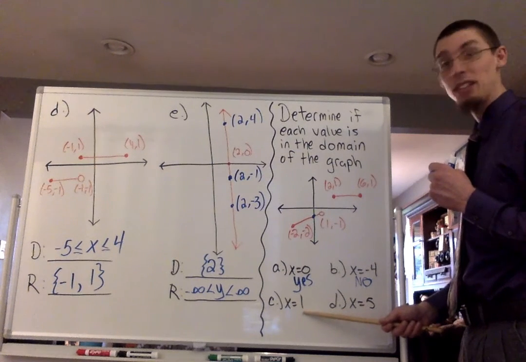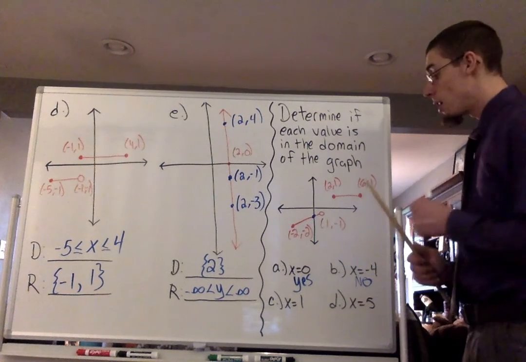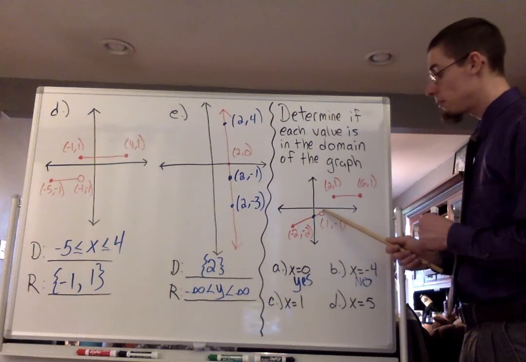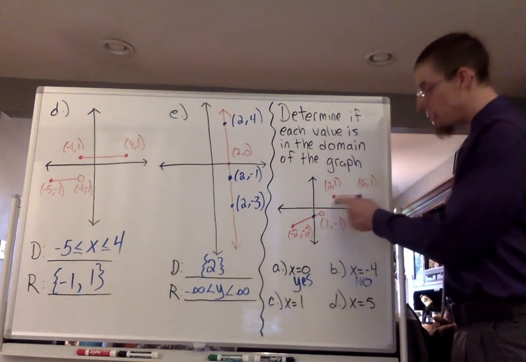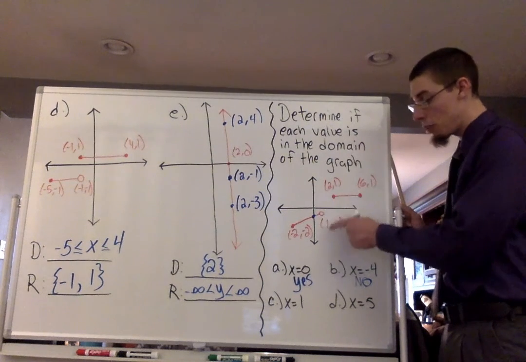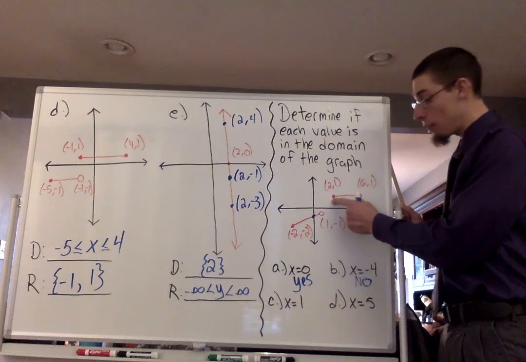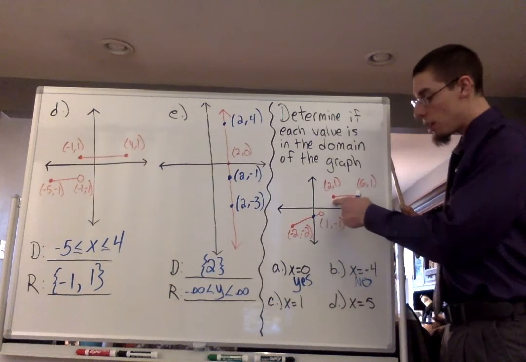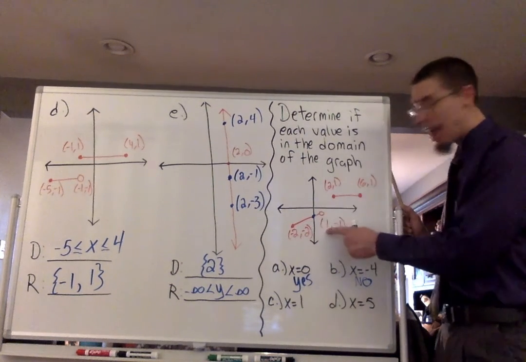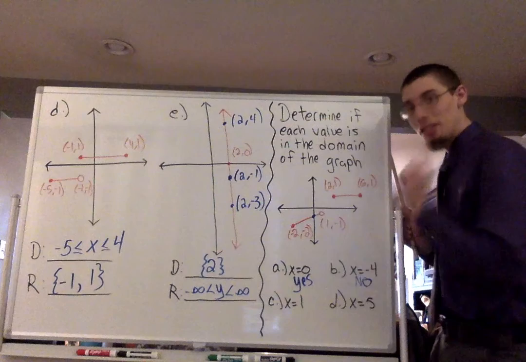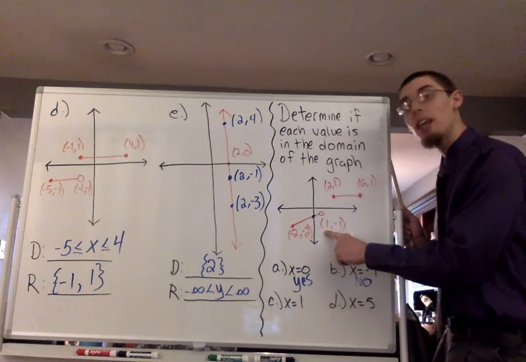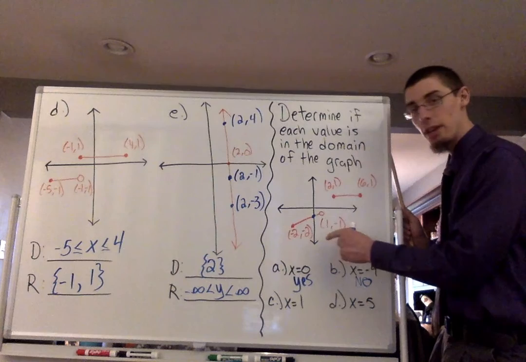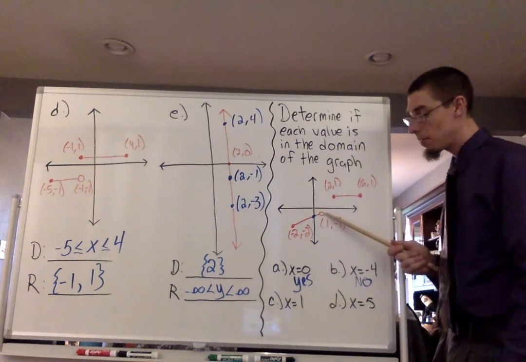C says x equals 1. Now, x equals 1 would be right here. Up top, right, this part of the graph has nothing to do with 1 because this graph goes from 2 to 6. It starts at 2, but this graph ends at 1. So it seems like 1 is in the domain. But here's the thing. That's an open circle.